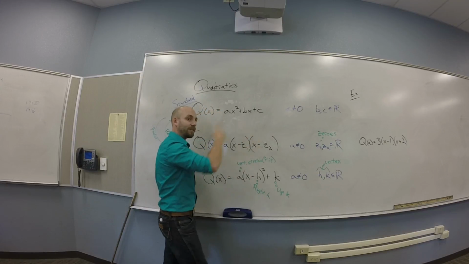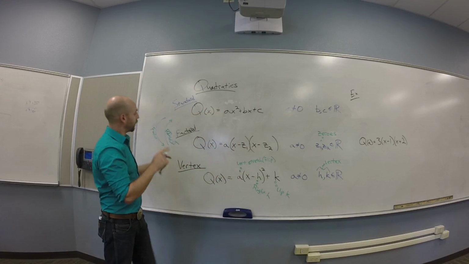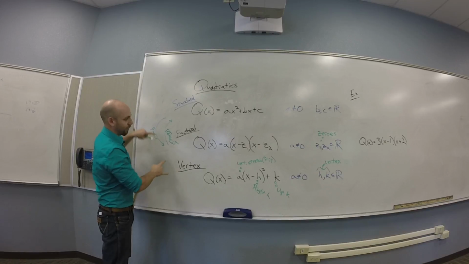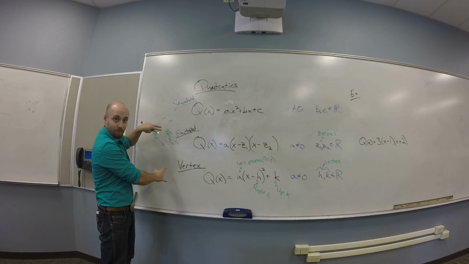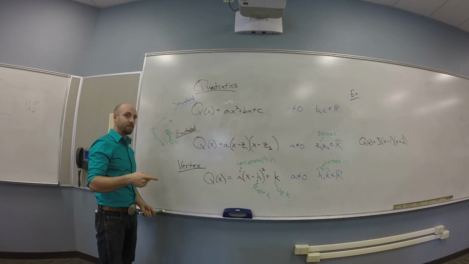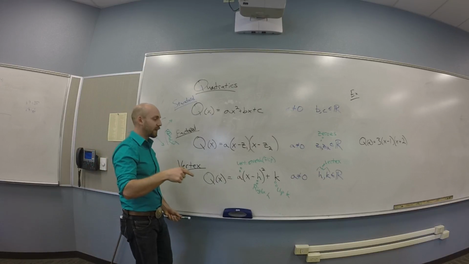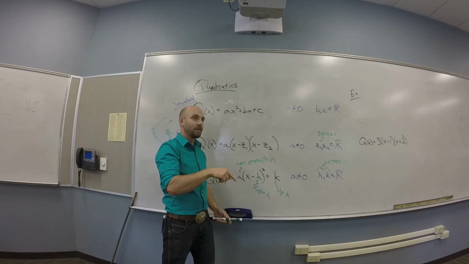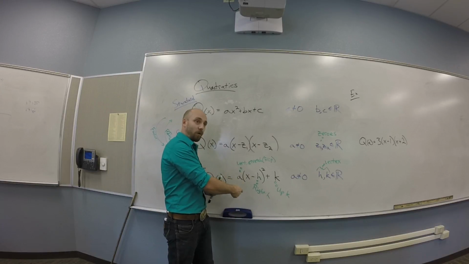And the reason I'm doing these formulas is that, one, I want to be able to talk about how to get between them. And two, if you're given a piece of information, like if I tell you what the vertex is and another point, then going to the vertex formula is going to make your life the easiest.